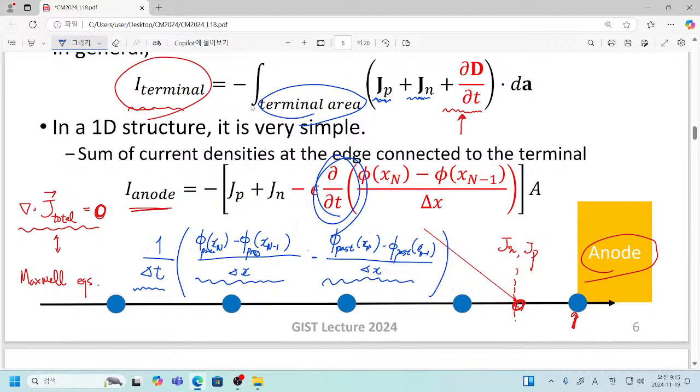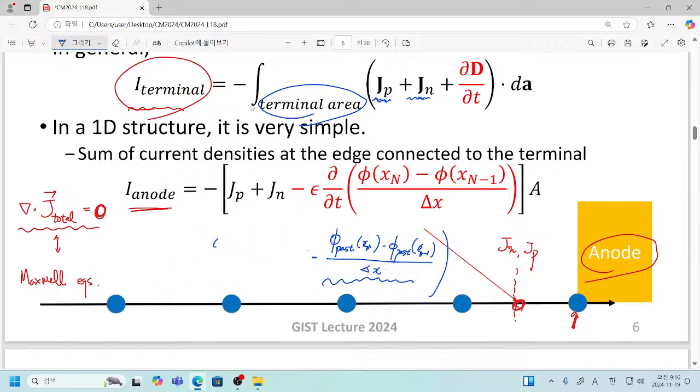Of course, when your signal is slowly varying, this contribution from displacement current is quite small, so you cannot see clearly the effect of this term.